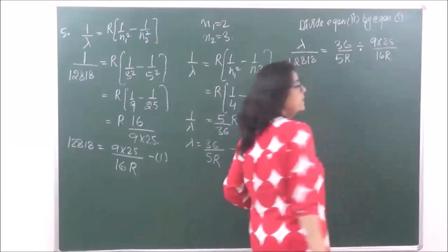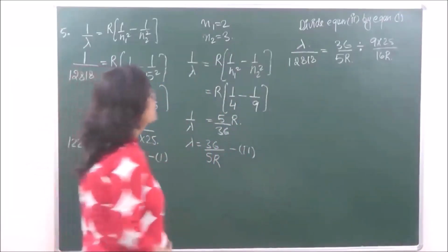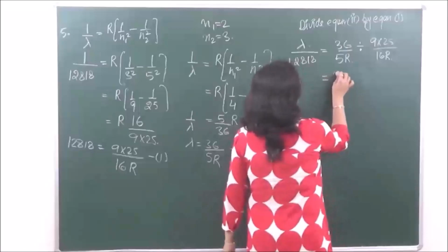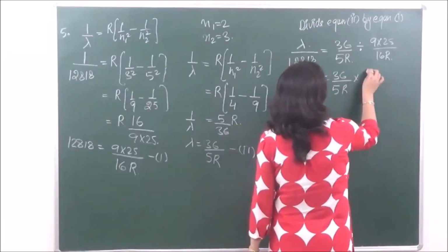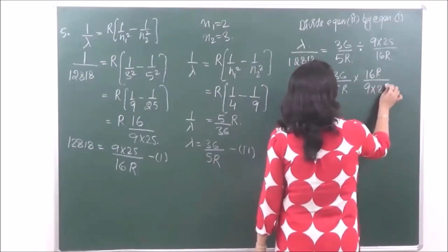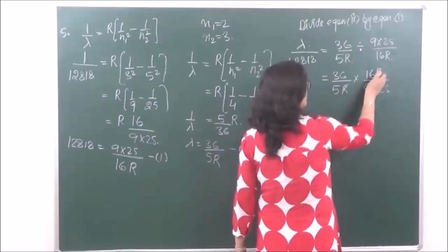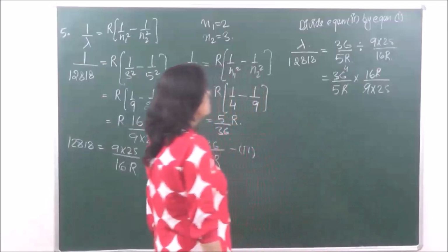Let's calculate: 36 upon 5R into 16R upon 9 into 25. This and this get cancelled. 9 4s are 36.